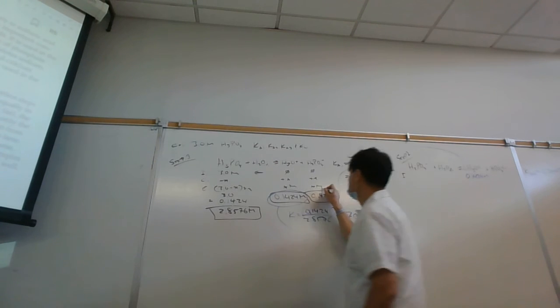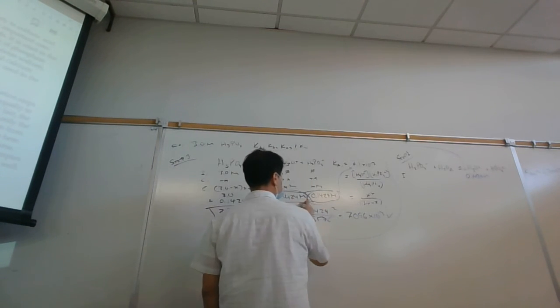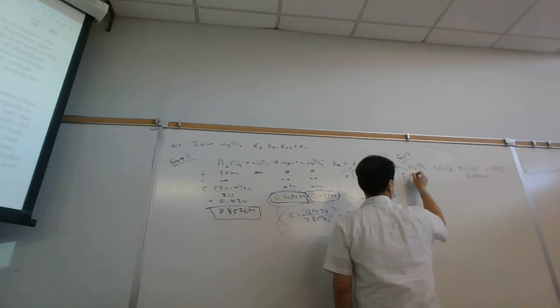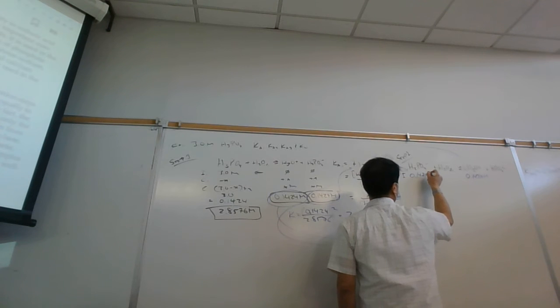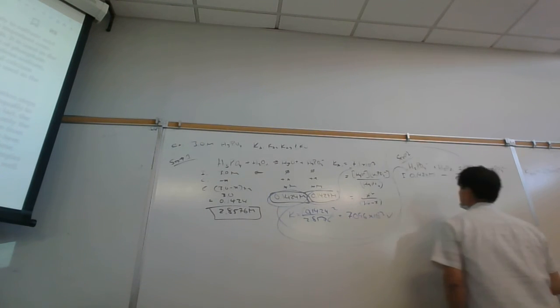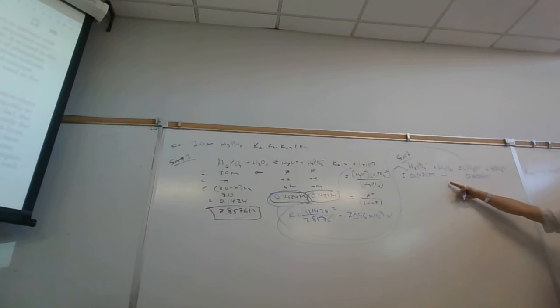The other common species is the dihydrogen phosphate. All the dihydrogen phosphate ends up here, and this is also going to be 0.1424 molar. Water is a liquid. Now, what we're going to assume is nothing has happened with the monohydrogen phosphate yet, so this is going to be 0 molar here.